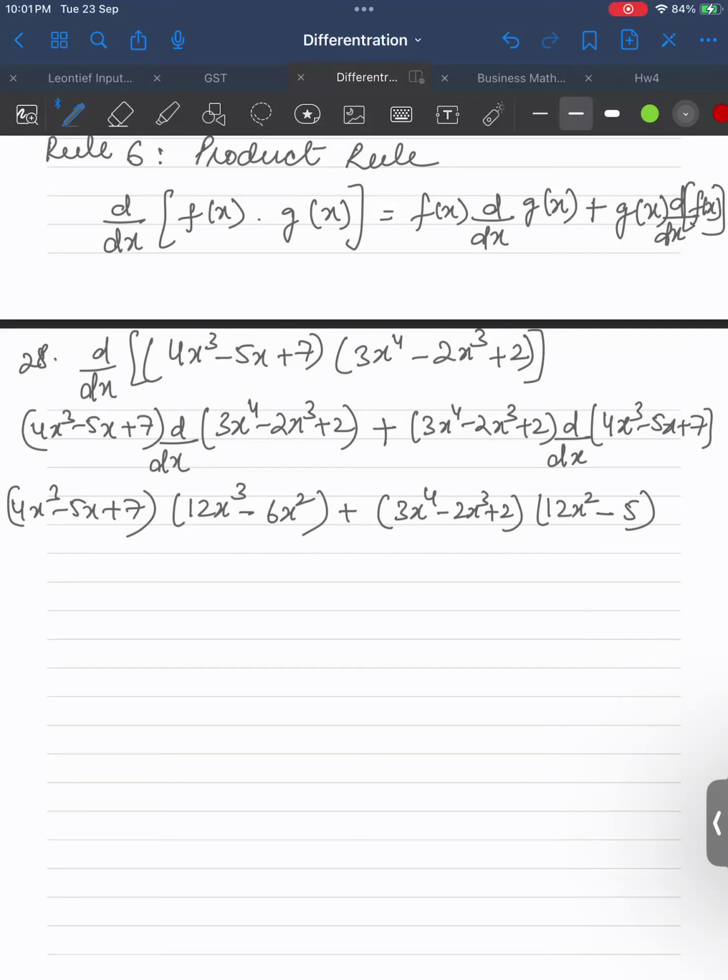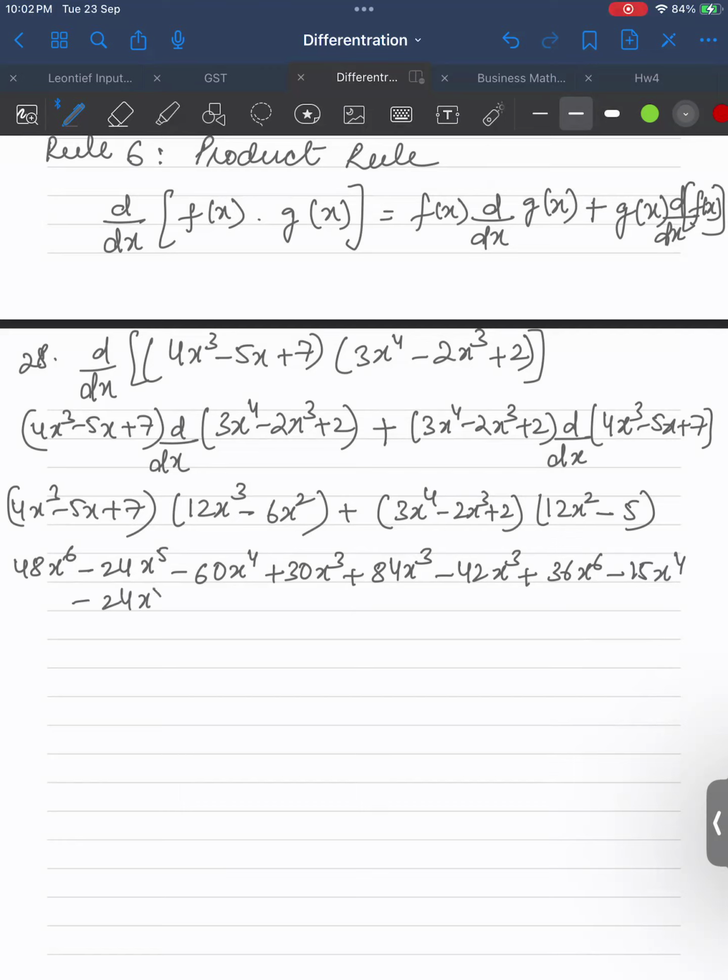Multiplication 4, 12 is 48, x^6 - 24x^5 - 60x^4 plus 30x^4 plus 84x^4 minus 42x^3 plus 36x^4 minus 15x^4 minus 24x^4 plus 10x^4 plus 24x^2 minus 10. Clear?